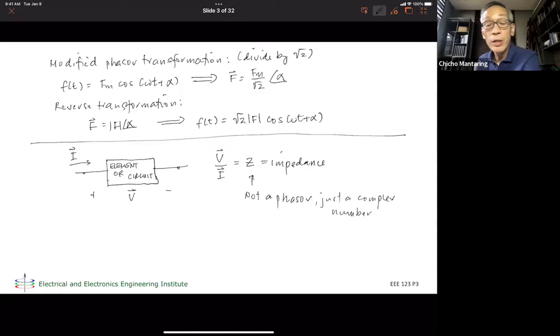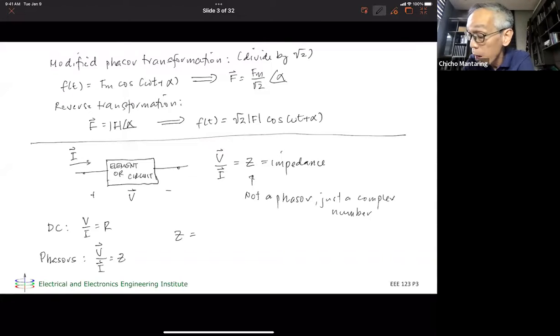So you might think of it this way. When we're dealing with DC, V over I is equal to R. When we're dealing with phasors, V over I is equal to Z, where Z is a complex number.